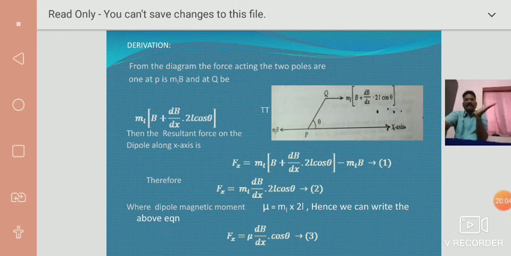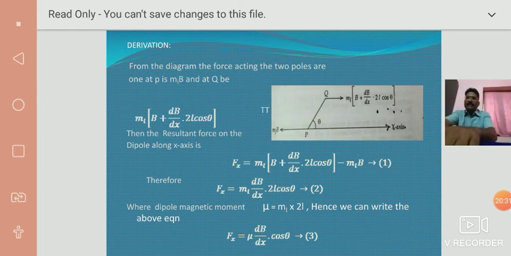But in an external magnetic field, it is rotating from the external magnetic field. Hence, the component of 2l can be written as 2l cos theta. Therefore, dB by dx 2l cos theta. Now, the total force acting on the tiny silver atomic magnet PQ can be written as Fx.